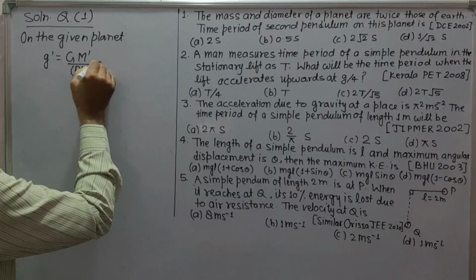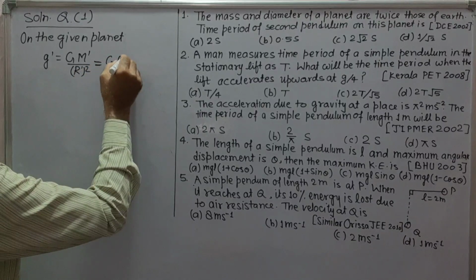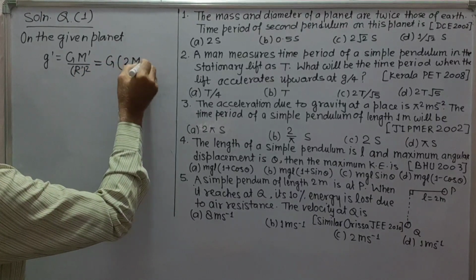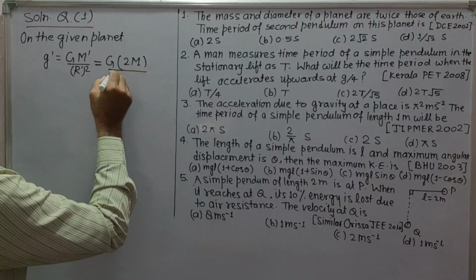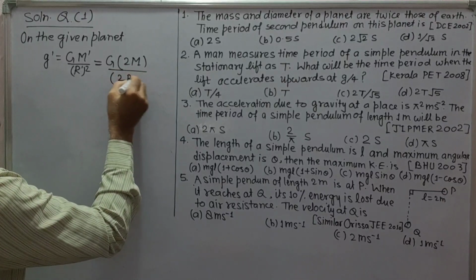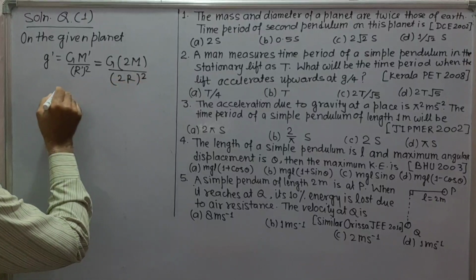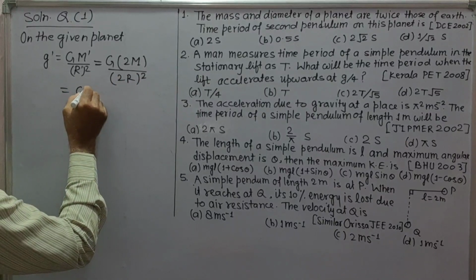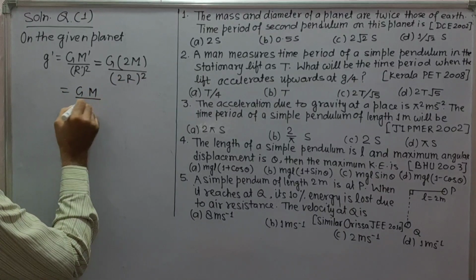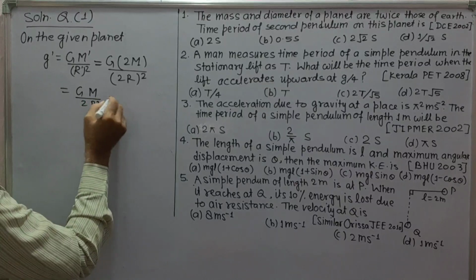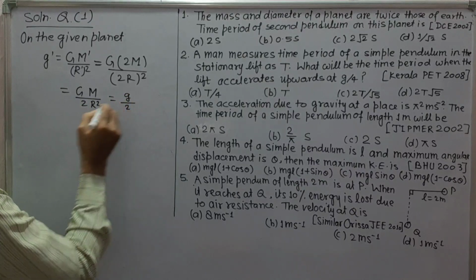So it can be written as G into 2M, where M is mass of Earth, upon 2R, where R is the radius of Earth, square. So it gives GM upon 2 R square, which is g by 2.